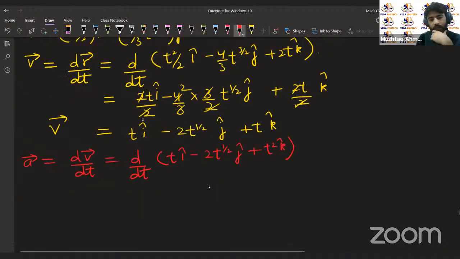Now the differentiation of t is equal to 1, so we'll be left with î here.